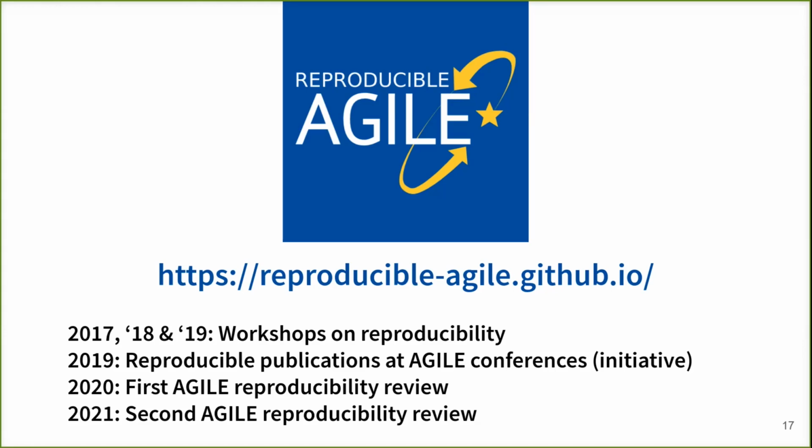Based on this collaboration, we had a few more workshops and eventually collaborated to create the reproducible publication guidelines for AGILE. Based on these guidelines, we have now completed 2 reproducibility reviews as part of the conference. And I will now introduce the reproducible paper guidelines and also what experiences we made in these reproducibility reviews.